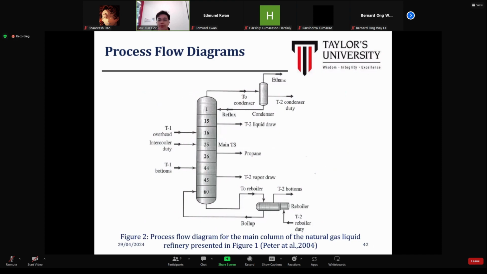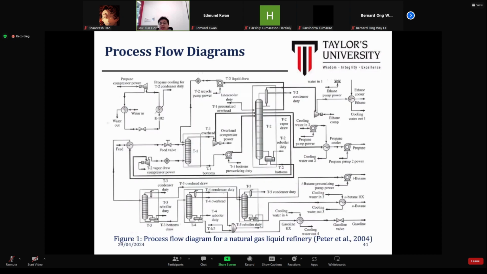Before we can proceed, similar to what I told you just now, even though we have already selected the best technology or process to produce a product, it involves the use of different unit operations, and the arrangement and sequence of the unit operations can directly impact the quality of the product.